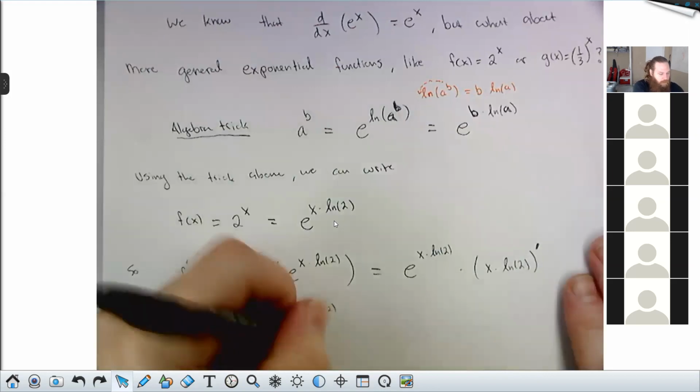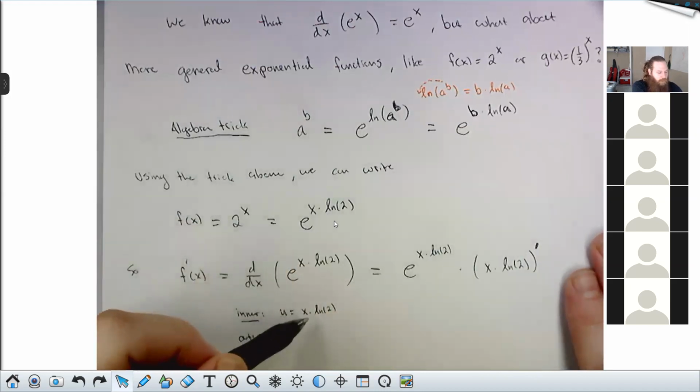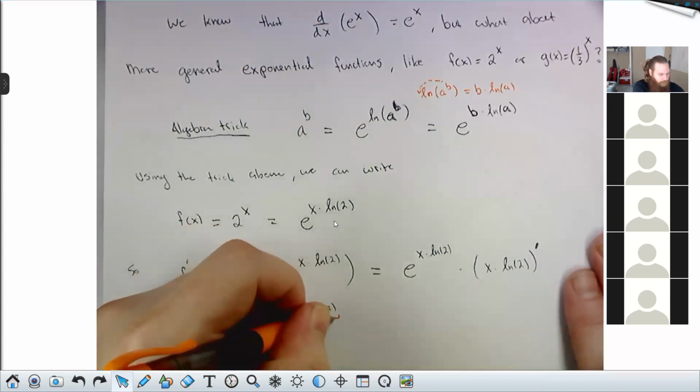The derivative of the outer, the derivative of e to the u, is e to the u. What's the derivative of x times the natural log of 2? This might look like it's complicated, but it's not. It's like x times 5 or x times 1/2. ln2 is just a constant. This is a constant multiple.